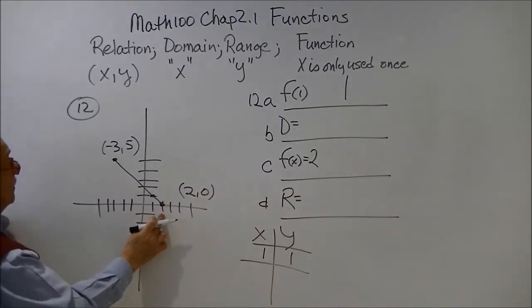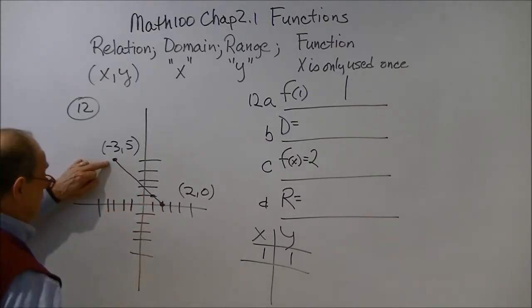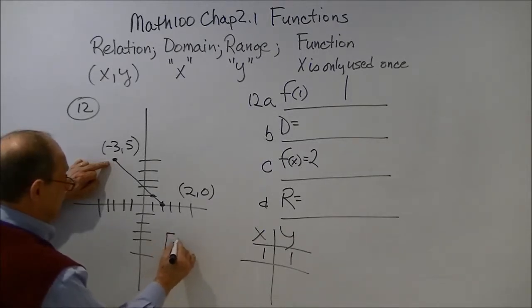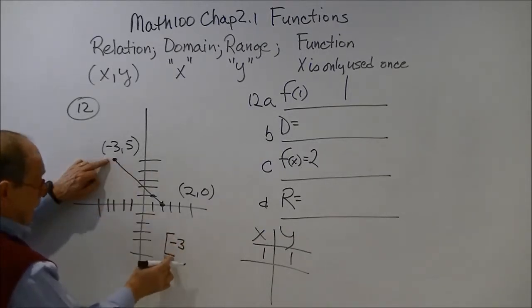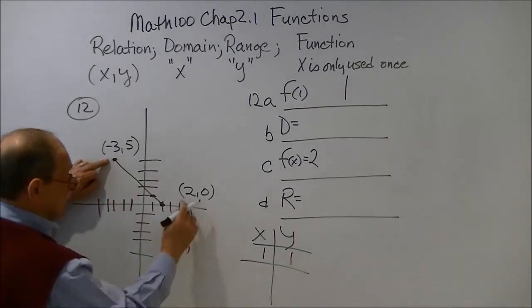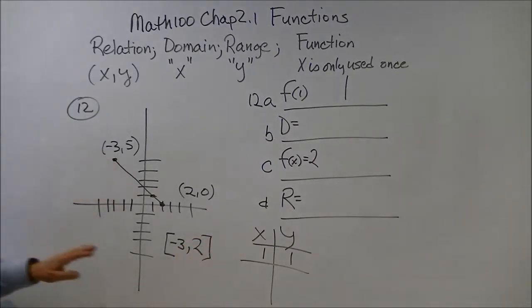That's this point. So our range, our domain will be from a negative 3, and negative 3 is in the set, and it goes up to 2, and 2 is in the set. We did a little bit of this in chapter 1.